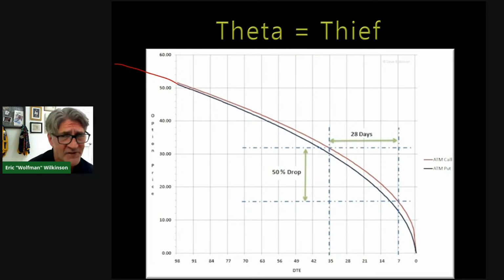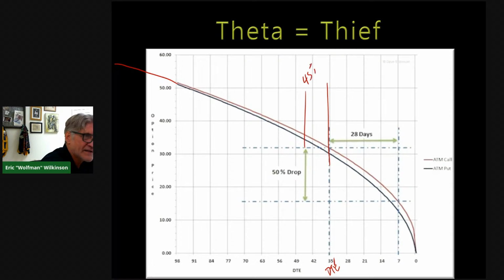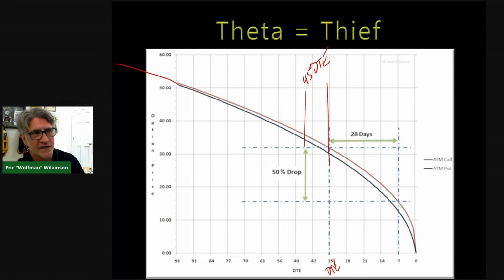As soon as that option is created, theta gets a light bulb going off saying, hey, you've got to go steal money from this guy. But the closer and closer we get to expiration, especially 35 days to expiration down here, we like to look at it within, I like to say 45 days to expiration is where I like to start implementing selling strategies.